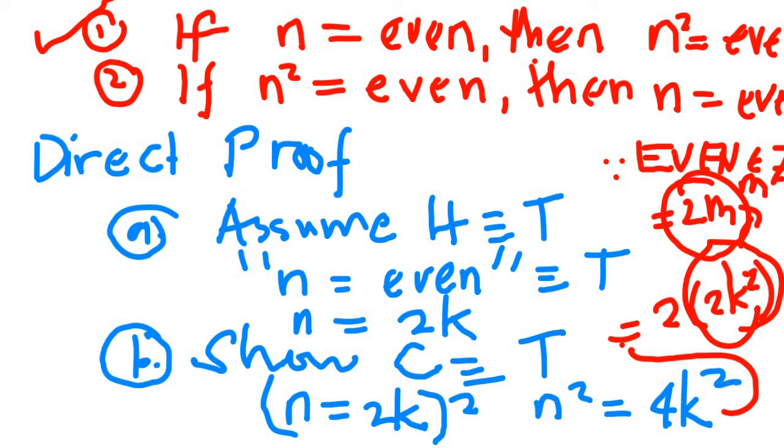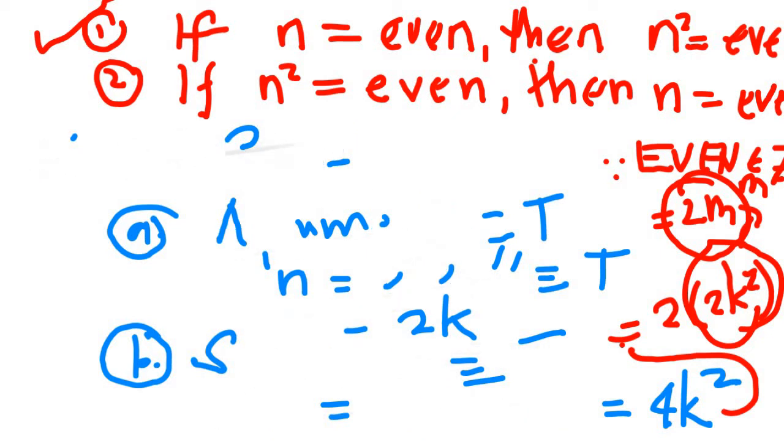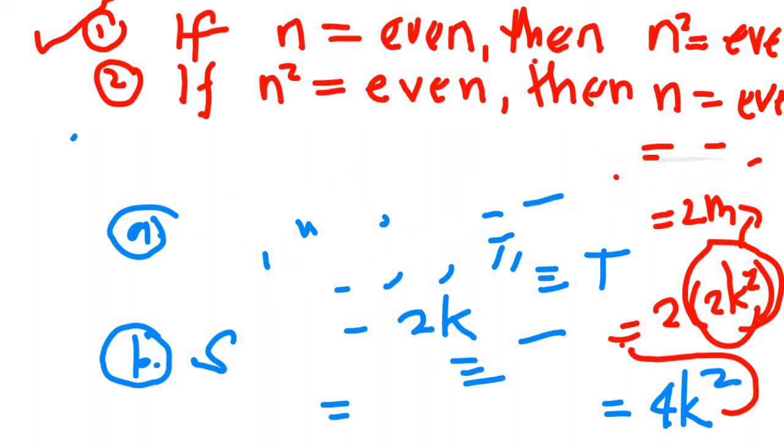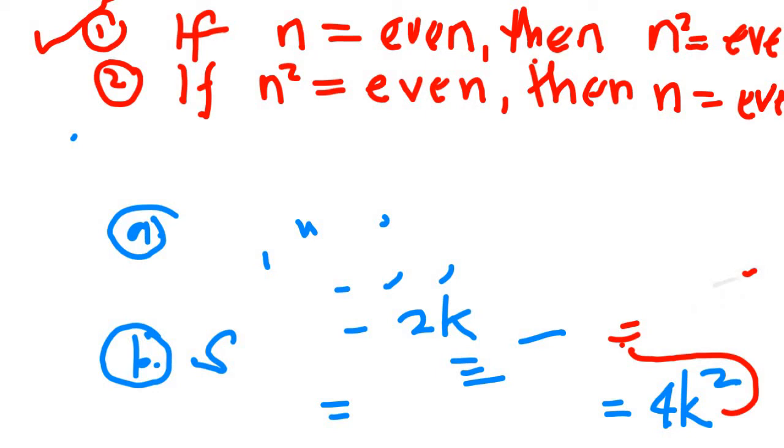Now, how about the second one? For the second one, as you notice, if n squared is even, then n is also even. The second statement, or the consequent, is simpler than the first statement, or the antecedent.